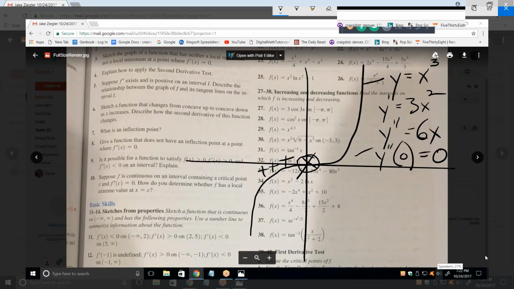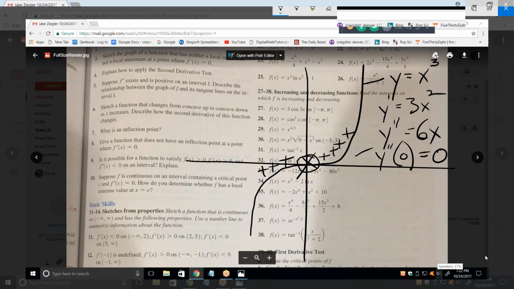In other words, if you go back to the first derivative test, the slopes go plus, plus, come out plus, plus. The slopes have to change sign for it to be a maximum or a minimum. If they do not change sign, as is the case here, then it's not a local extreme value.